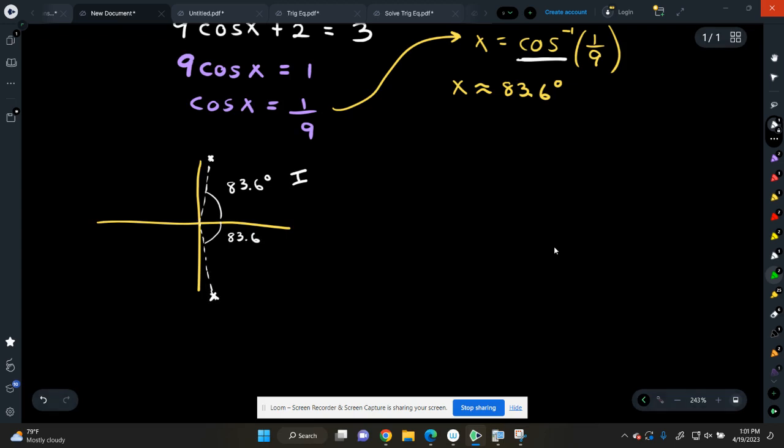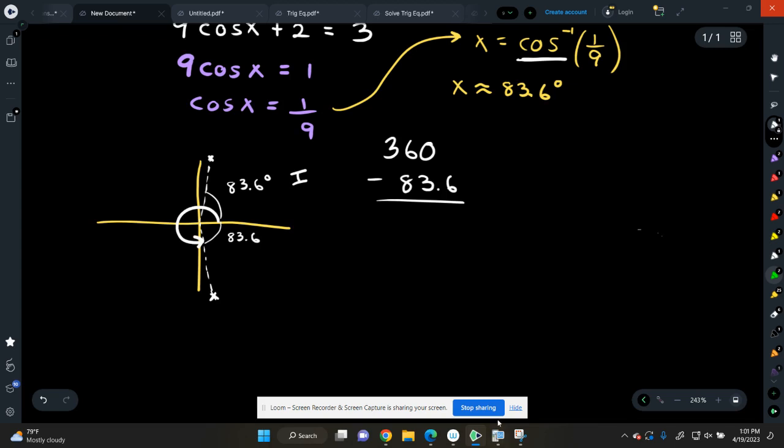So that means we're looking down here. I have to figure out what that angle is. How do I figure out what angle that is? Subtract it from 360. Yes. Because I'm looking for this angle here.